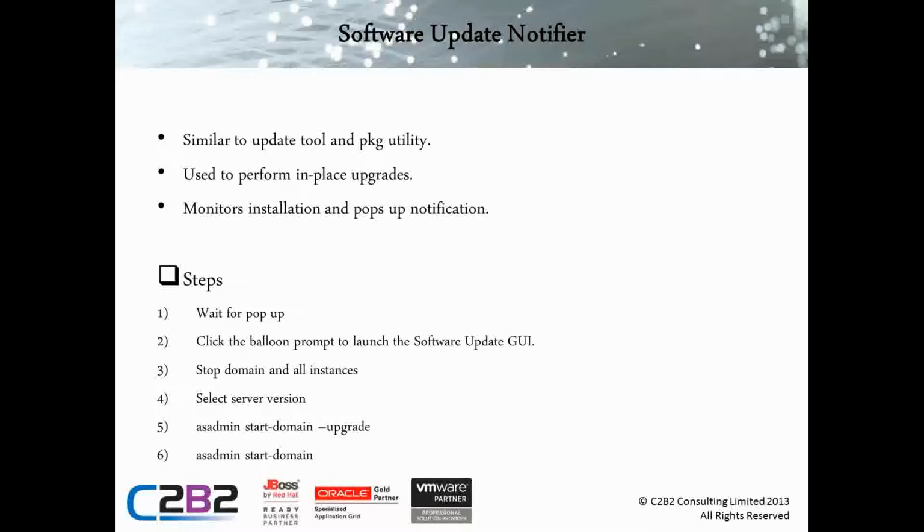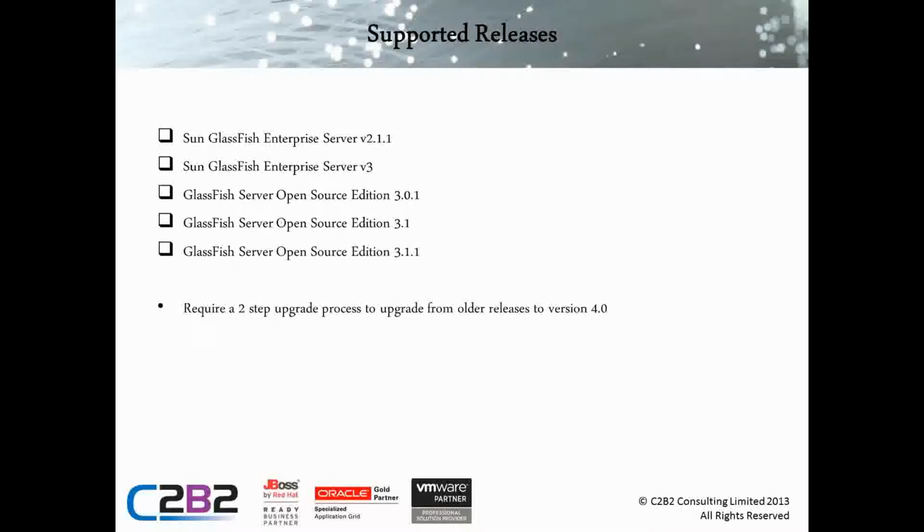Those are the tools that you could use for performing an upgrade from a previous version to a current version of GlassFish server. Now let's look at some of the supported releases for this kind of migration or upgrade. As you can see, there's a list of servers that are supported for upgrading to GlassFish Server 4.0.